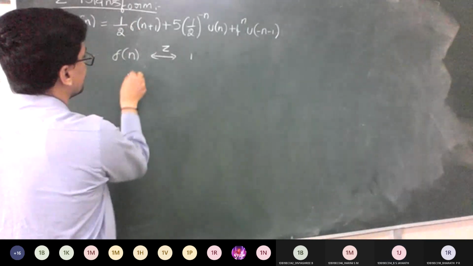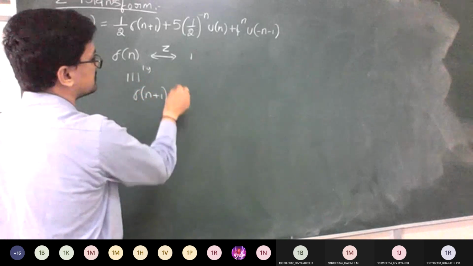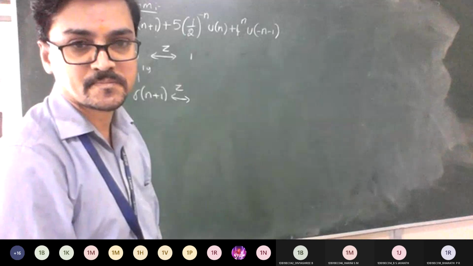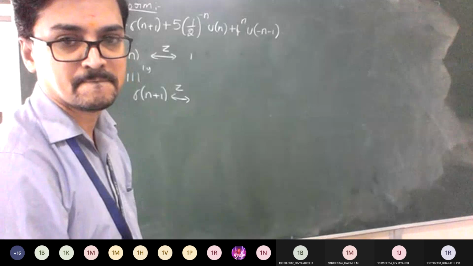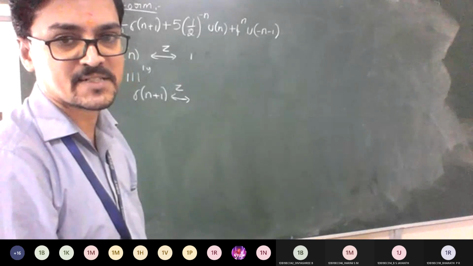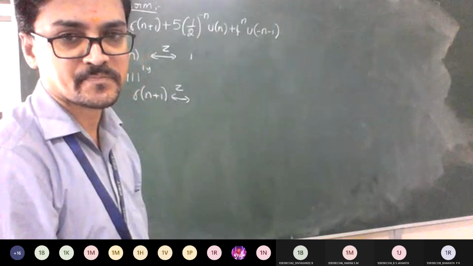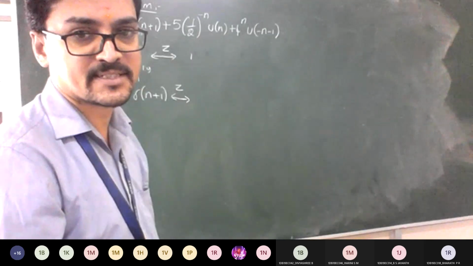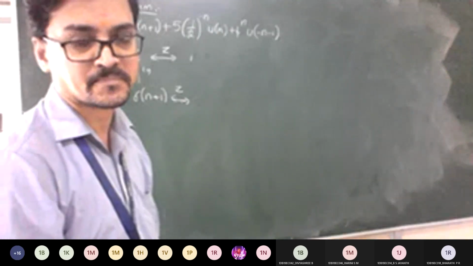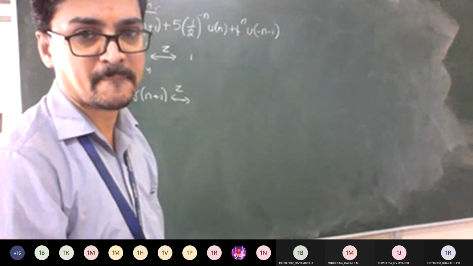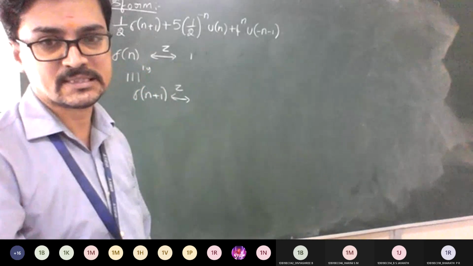Correct. Similarly, if it is delta of n plus 1, what is the Z transform for delta of n plus 1? Have you come across this type of thing already?